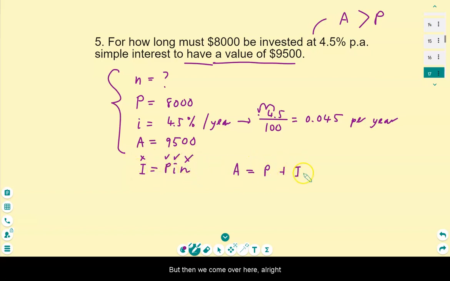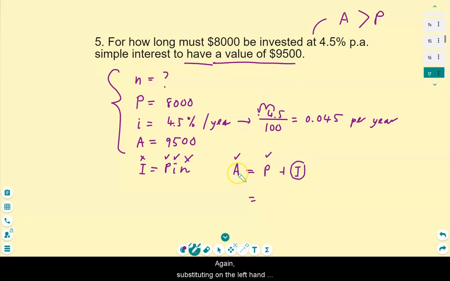But then we come over here, all right? We have A, we have P, and that means we can find I since there's only one unknown. So we're actually going to start with this formula this time. So they love to confuse us. They love it. Okay, so let's substitute in.